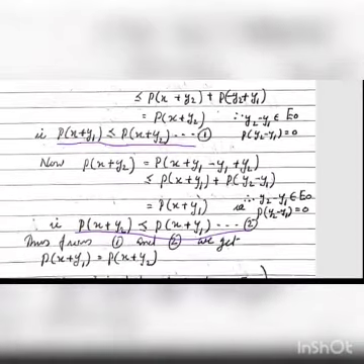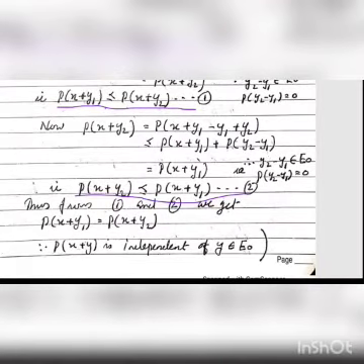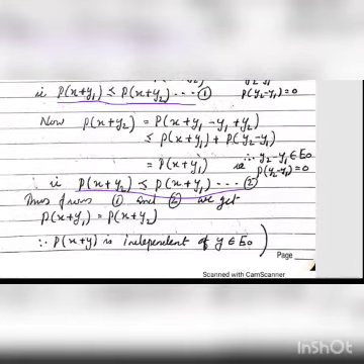Therefore, P of x plus y is independent of y, where y belongs to E naught.